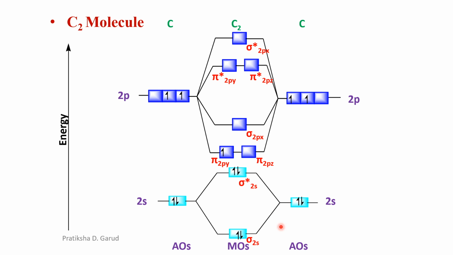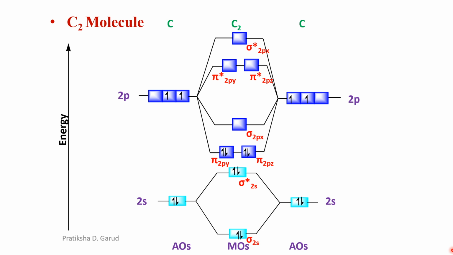So the first electron goes into the pi 2py and the second electron goes into the pi 2pz, both with parallel spin. The third one is paired in the pi 2py and the fourth one goes into the pi 2pz. Okay, so this is the filling of electrons in the MO energy level diagram.